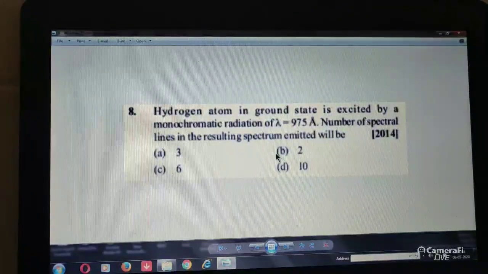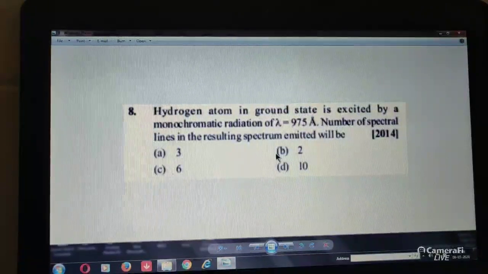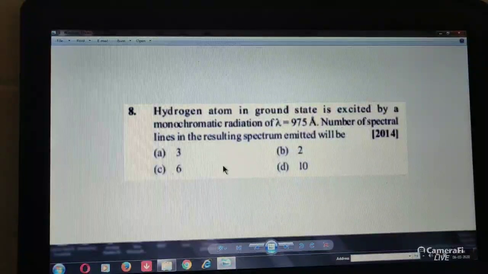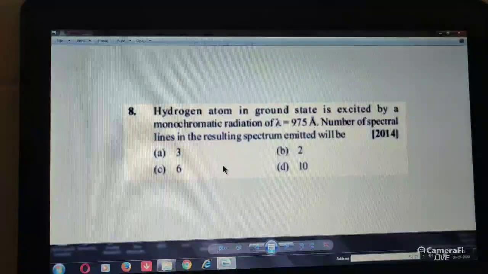Let us imagine one hydrogen atom in the ground state. At a particular wavelength, 975 Armstrong units, light falls on the hydrogen atom.